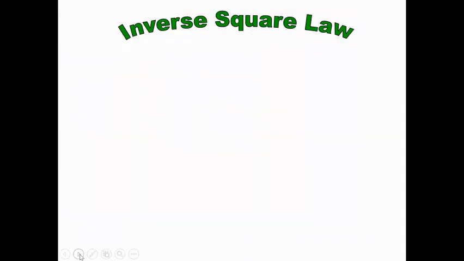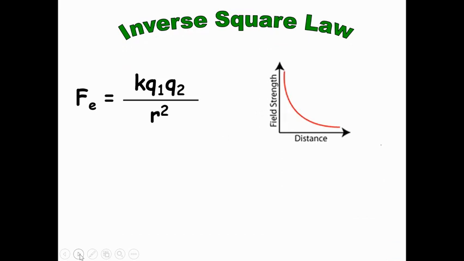Both equations operate off of the inverse squared law. We've talked about the inverse squared law before with Newton's universal law of gravitation, but to review the inverse squared law for the Coulomb's law equation, if you were to graph distance versus field strength for the electrostatic force, it would look a little something like this.